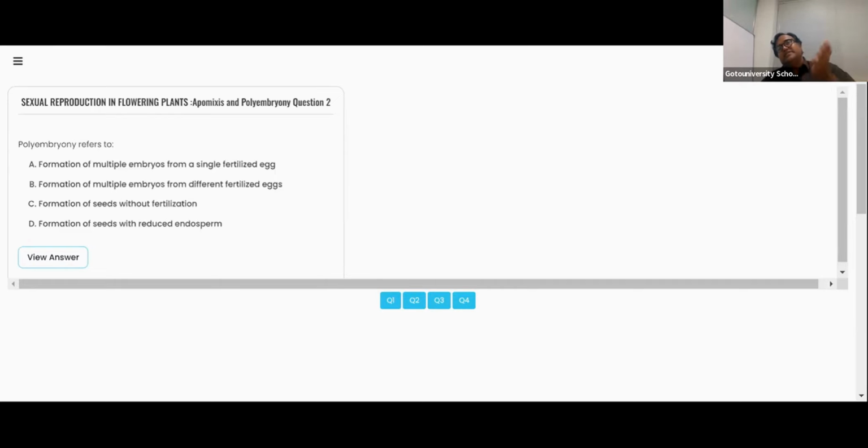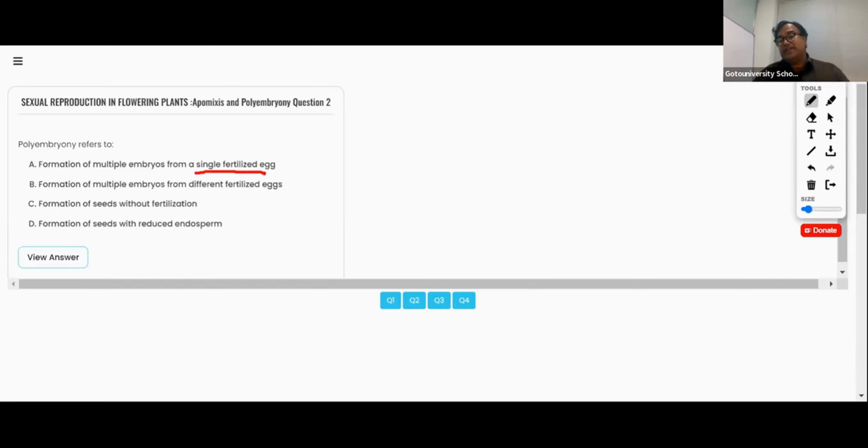In the upcoming year, 2024, they may ask you for an example of polyembryony: lemon seed, orange seed. Like this, we need to give examples for polyembryony if they ask a subjective question, right? Instead of saying fertilized egg, they may use the word fused egg. So what is the meaning of single fertilized egg? Zygote. The other name for a single fertilized egg is zygote.